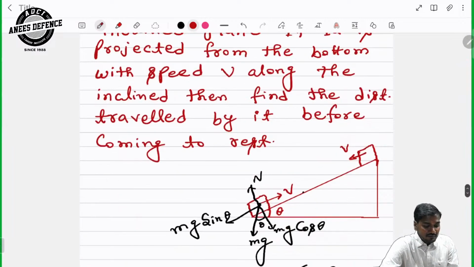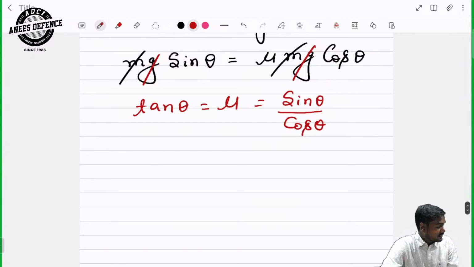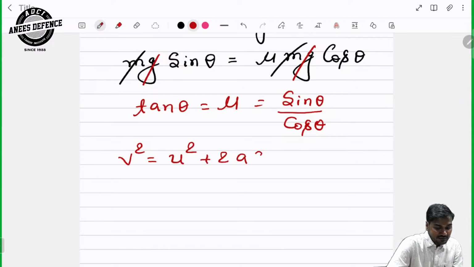What do you have to calculate? The distance traveled by the object. Is time given in the question? No, you don't have time, so you will use the third equation: v square is equal to u square plus 2as.